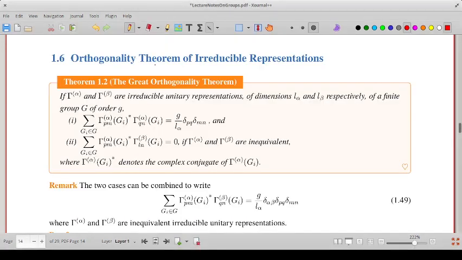The orthogonality theorem of irreducible representations. Consider two irreducible unitary representations, gamma alpha and gamma beta.